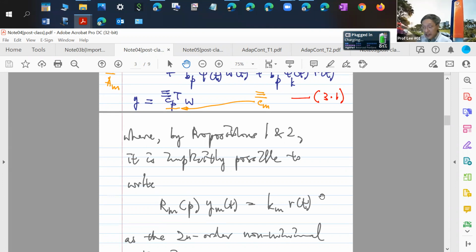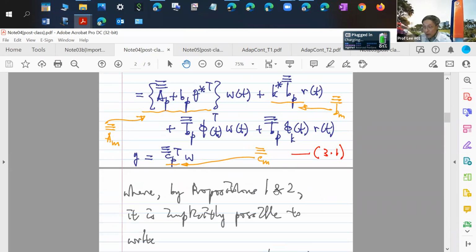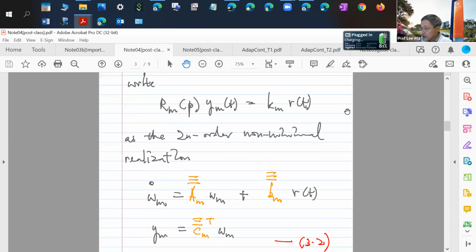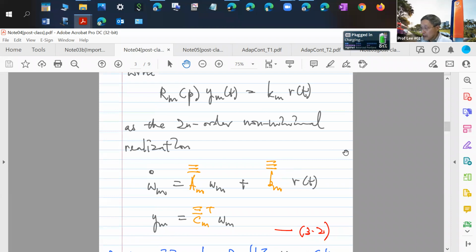What that then says is that this AM triple bar, this BM triple bar, and this CM triple bar, if you knew exactly those numbers, you can write it out. Basically this says that the reference model can equivalently be written in a 2n order non-minimal realization, and this will be exactly AM triple bar, BM triple bar, CM triple bar.